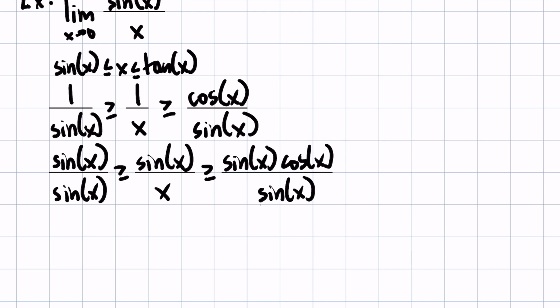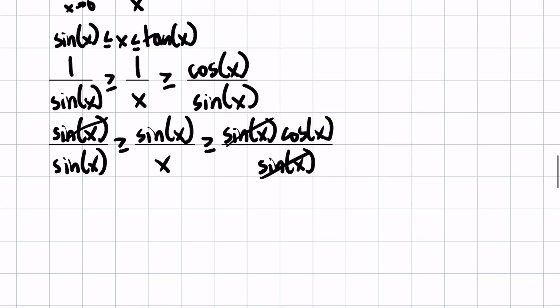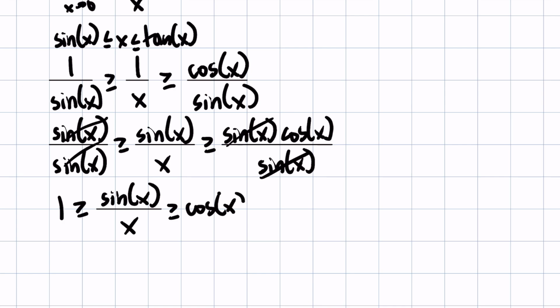So these cancel. We get 1 is greater than or equal to sine of x over x is greater than or equal to cosine of x. And now we want to take the limit as x approaches 0 of each of these.